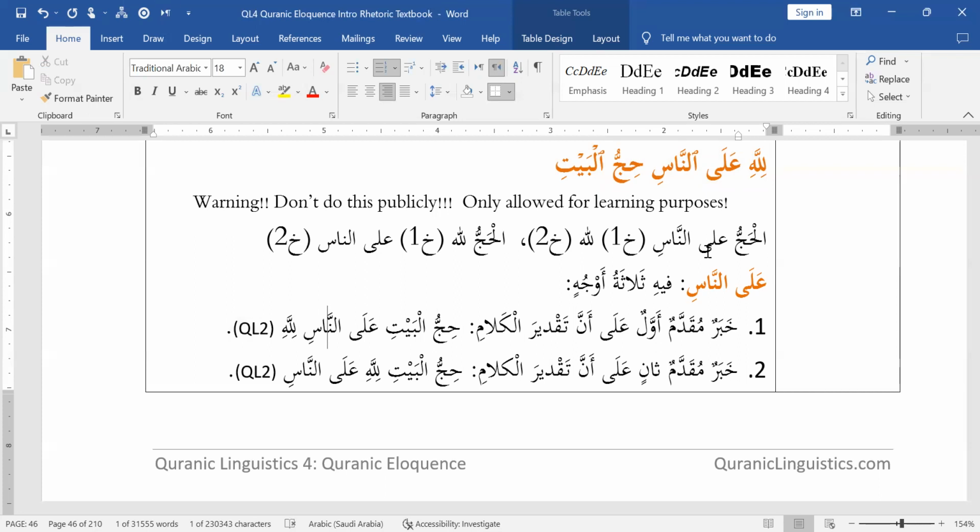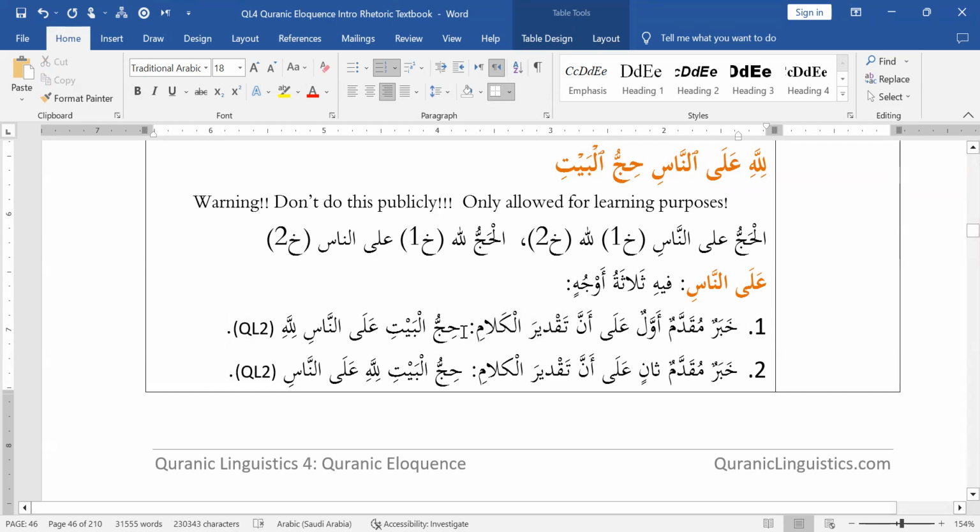The original order of things is to put the mubtada first. So in the taqdirul kalam, they always go back to the asl, so that we can clearly prove and study and justify and understand why it's khabar muqaddam.